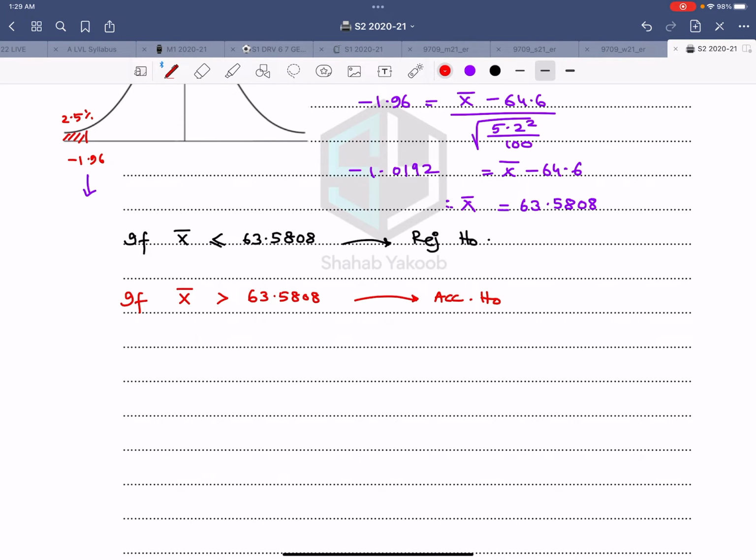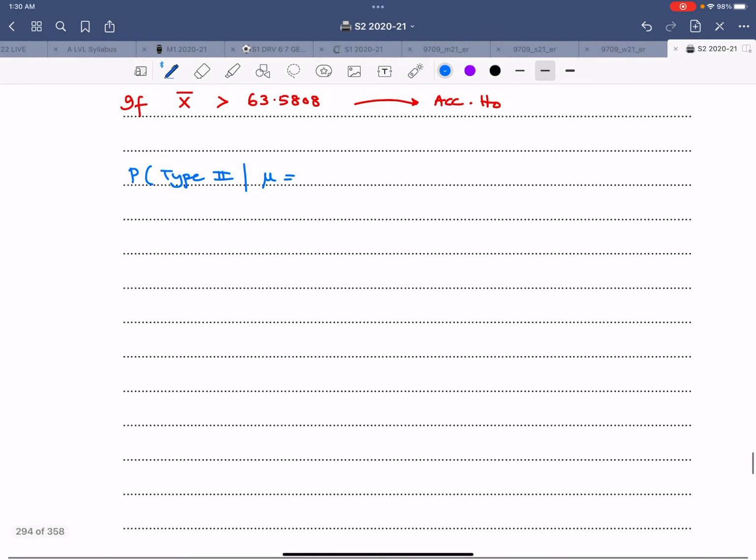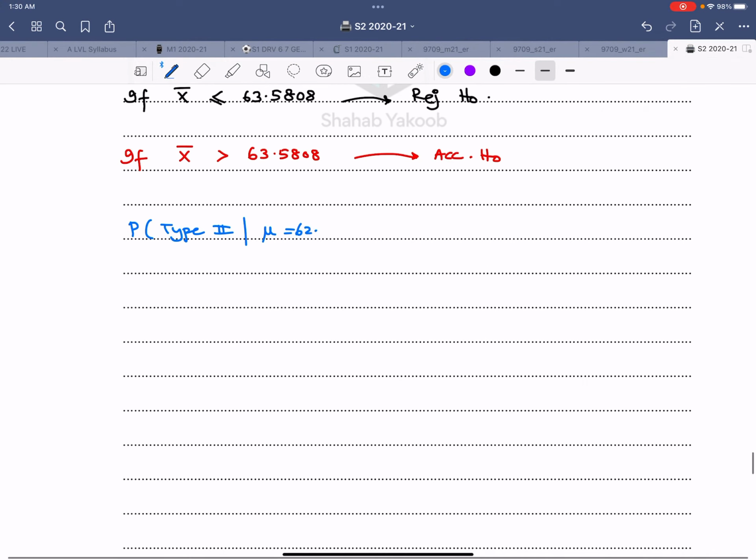Now, what else is there? The concept is the probability of type 2 given a new value of mu, which is 62.7. That is a flipping of this inequality. Why? Because accept H naught when H naught is false. That is the definition of type 2 error.